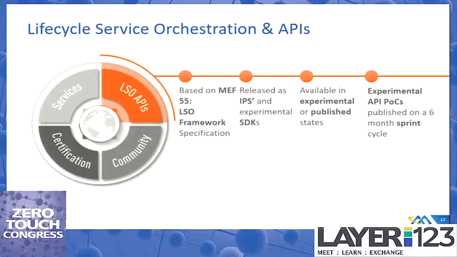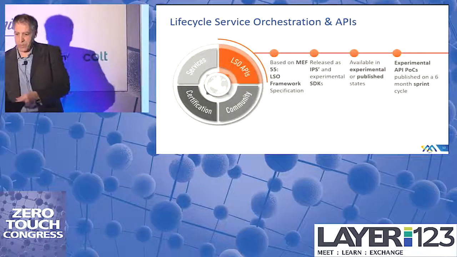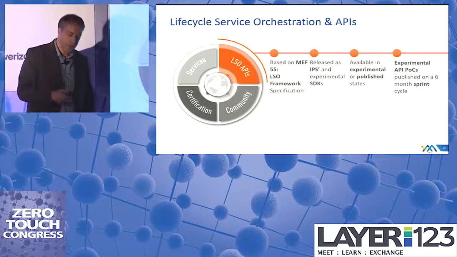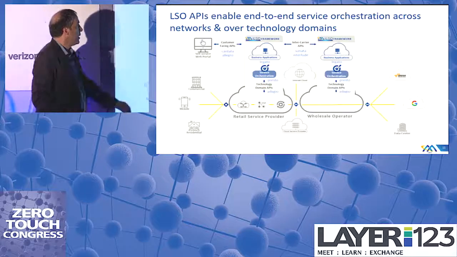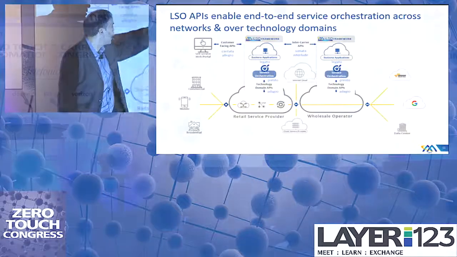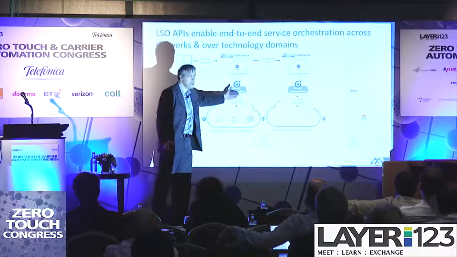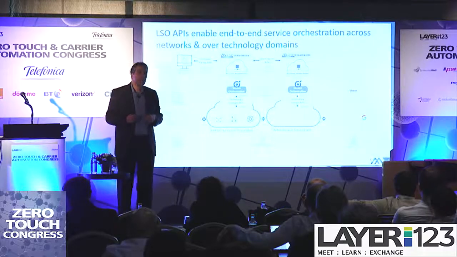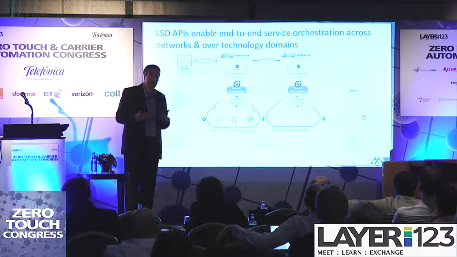Okay, so with the lifecycle service orchestration, we focus on those interfaces. If I go back, when I say interfaces, Legato, this is the interface, Presto, and we focus on developing APIs for those interfaces. The APIs are based on the use case.